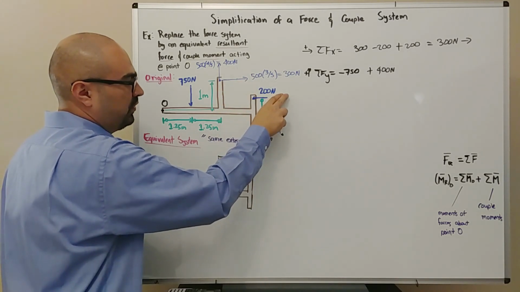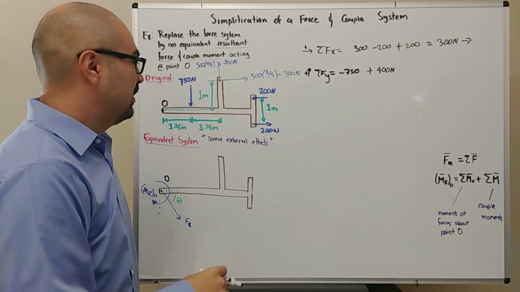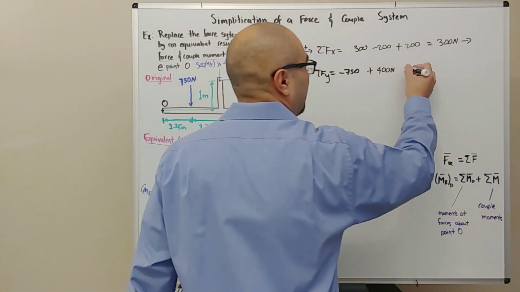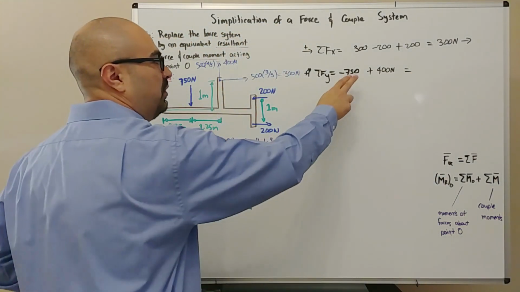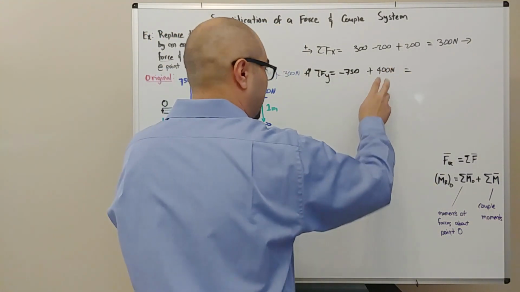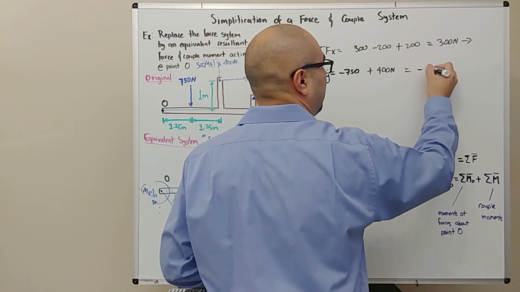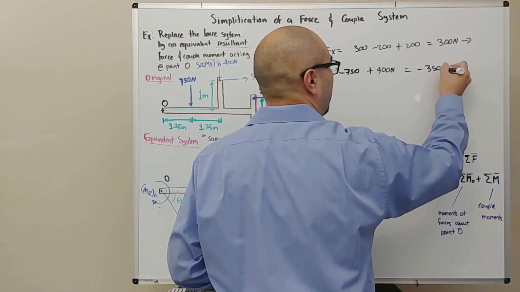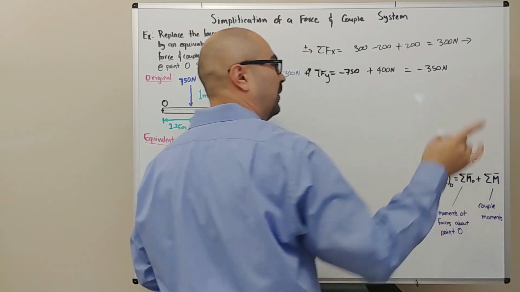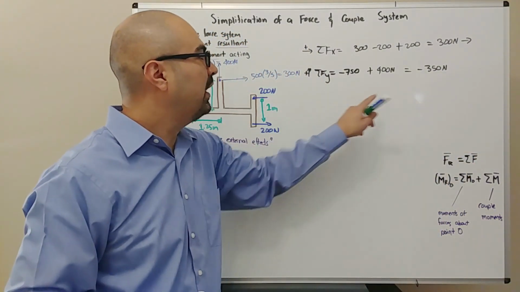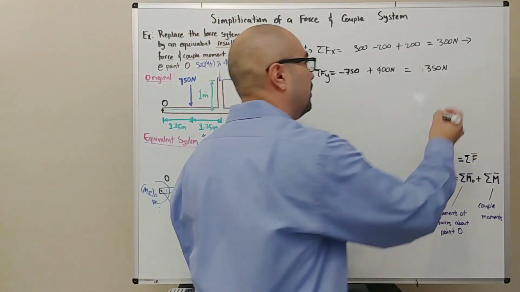This is horizontal, horizontal, and horizontal. These guys are not going to show up. So what we have is minus 750 plus 400. This is going to give minus 350 newtons, right?